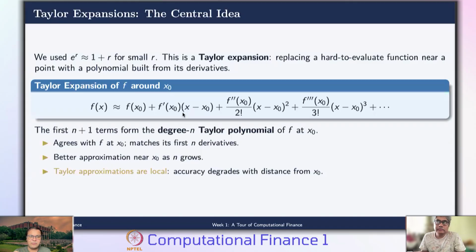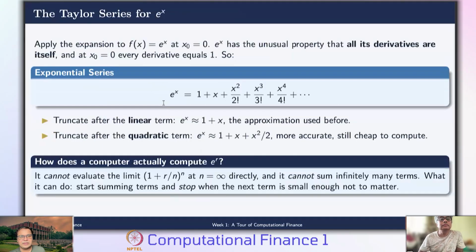So for example, if we now plug this formula into e to the power x, we get a nice form. And why is that? Because remember, the derivative of e to the power x is also just e to the power x. So if we look at the approximation of e to the power x around x equal to 0 in the next slide, then we observe that this is what we get.